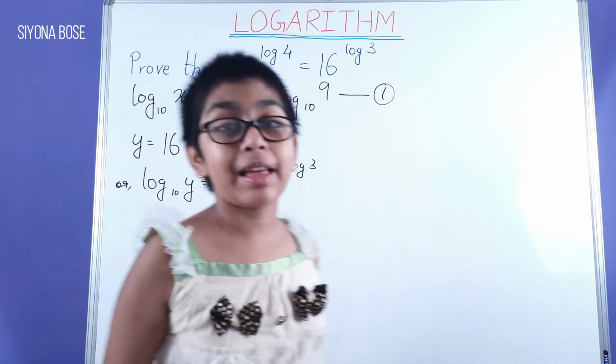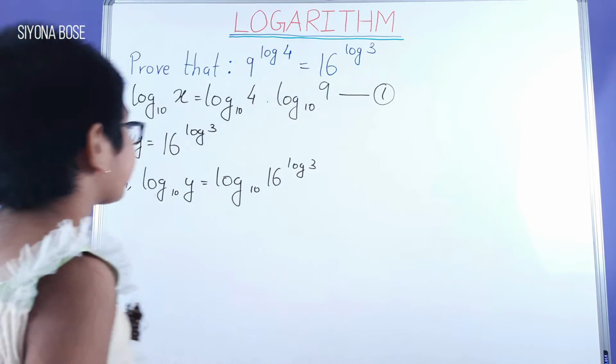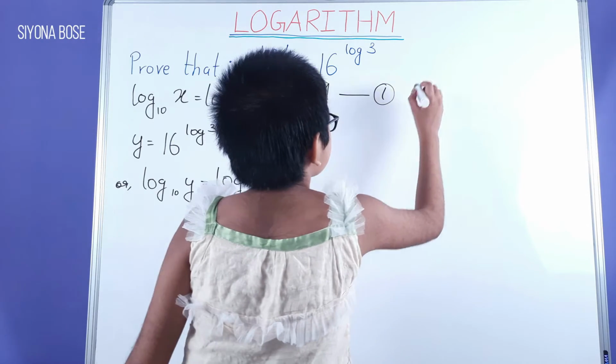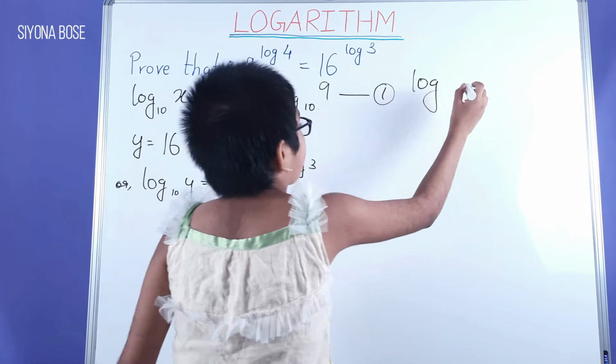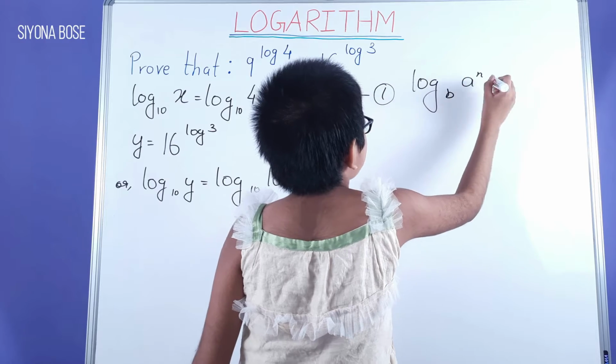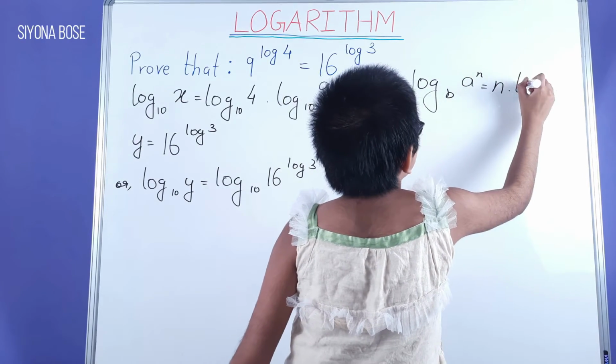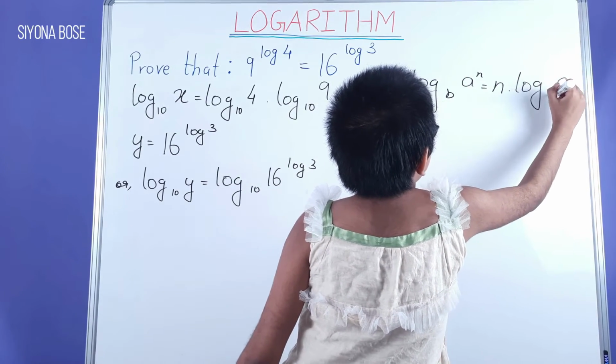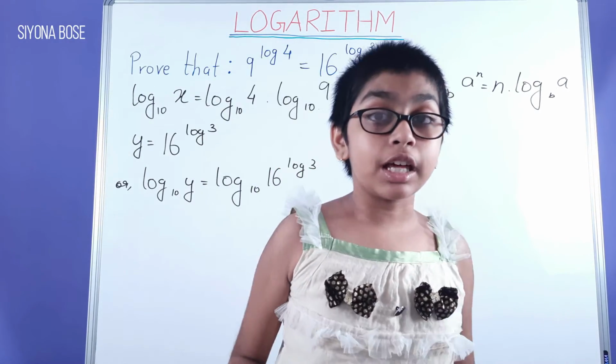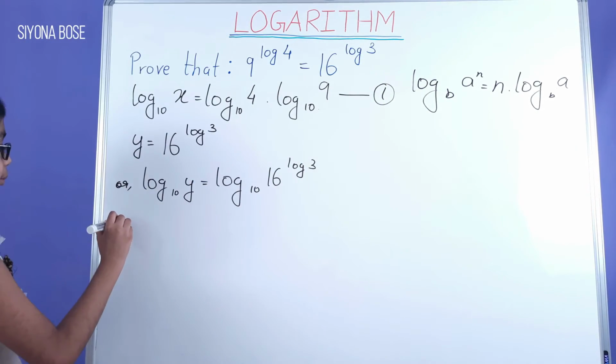Over here also we will apply the same formula, that log of a to the power of n to the base b is equal to n into log a to the base b.